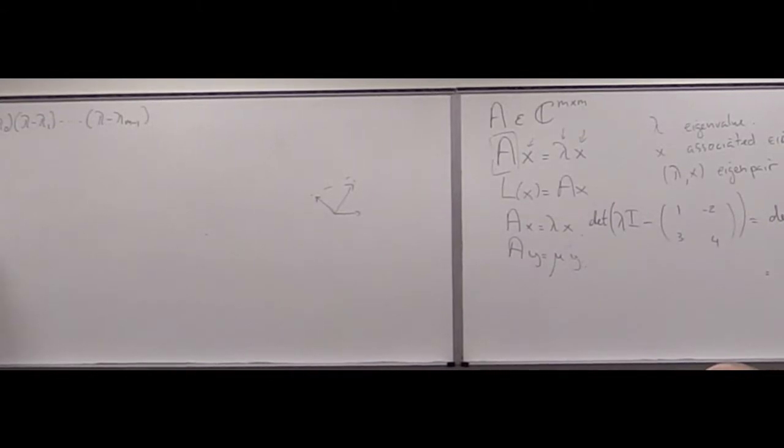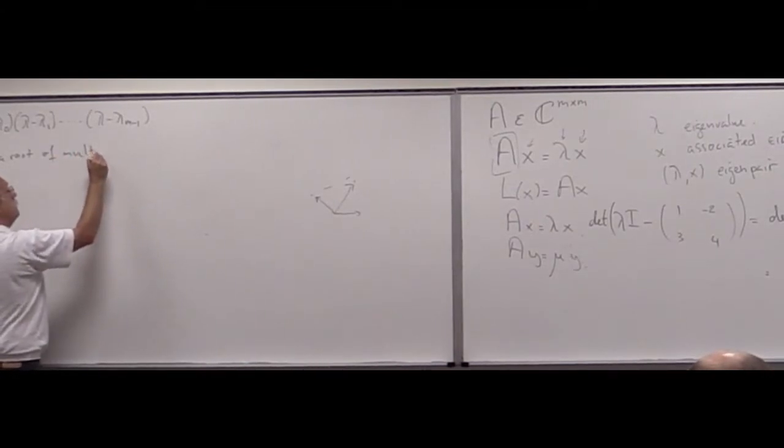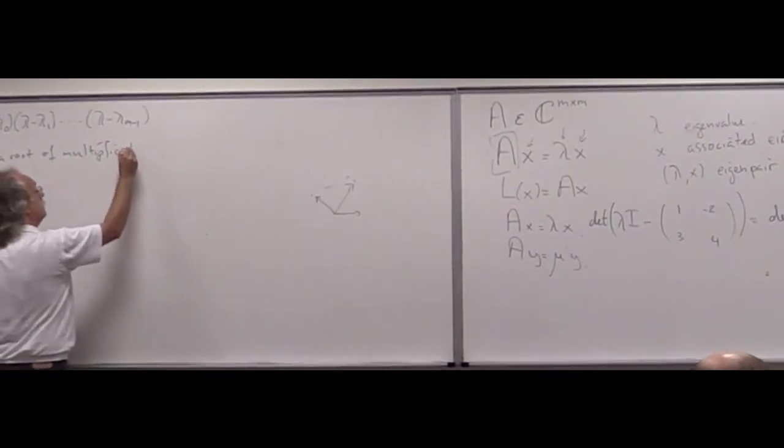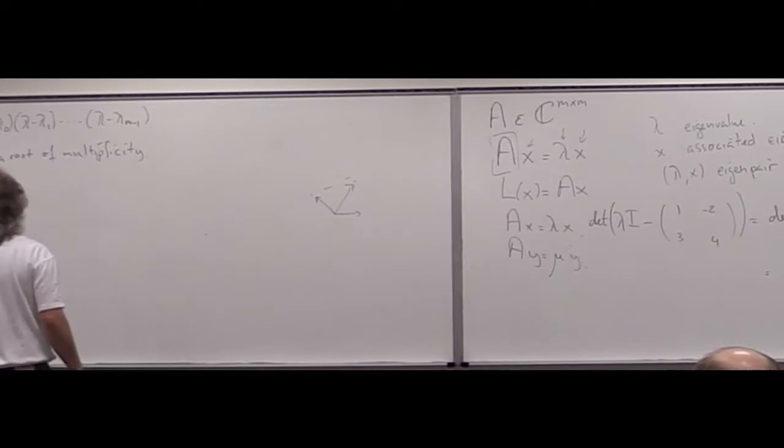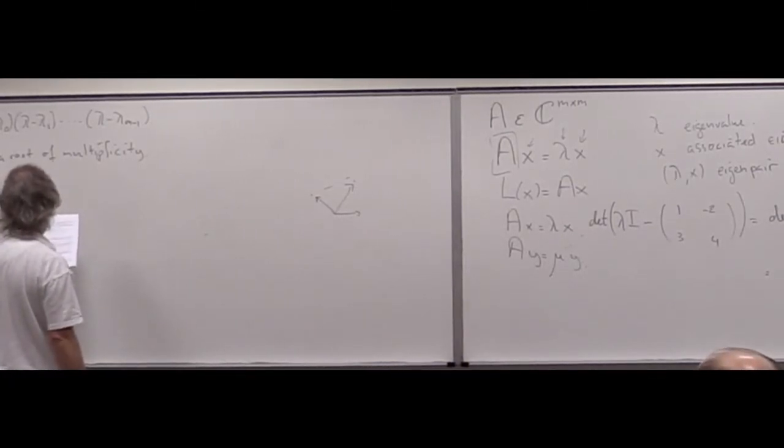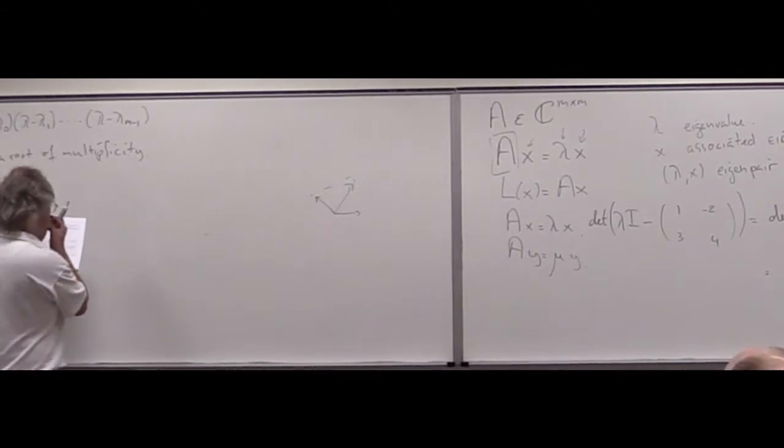So, if lambda is a root of multiplicity, what should we call that? What do we call it here?